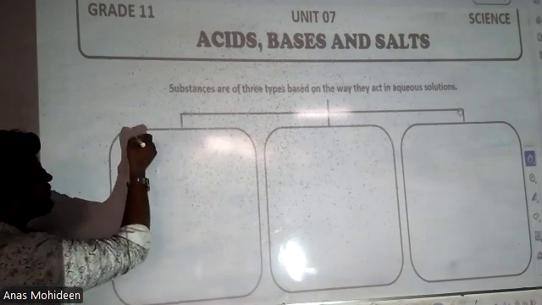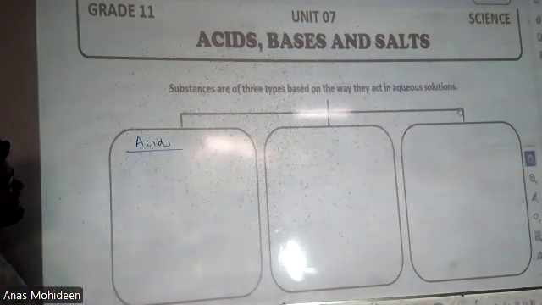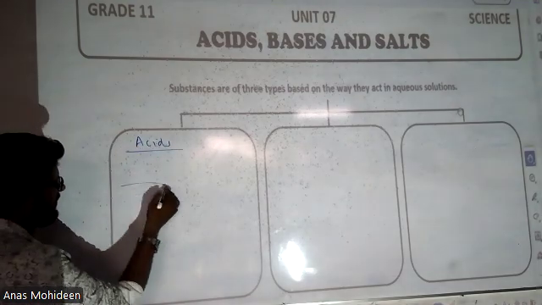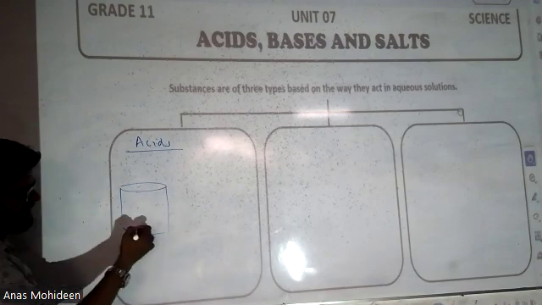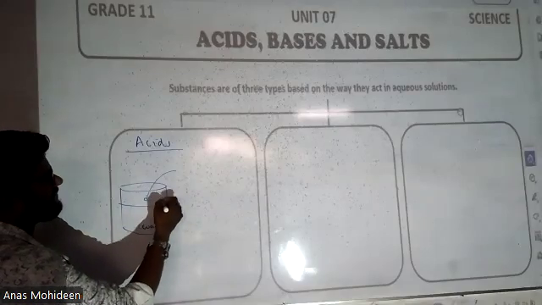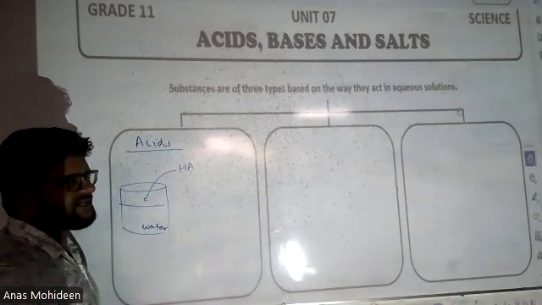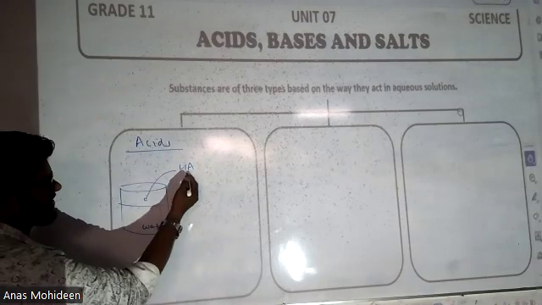Acids. So here the acids, you take a water containing medium, right? It contains water. You're going to add a compound called HA.